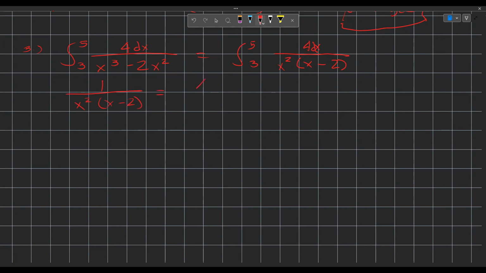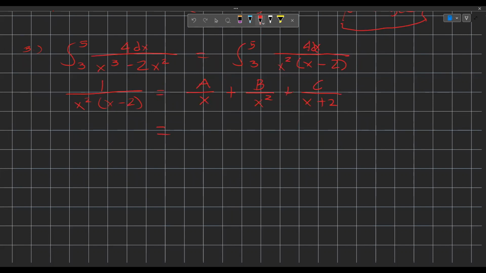We'll equate it to A over x. Let's write the repeating variables first. And B over x squared plus C over x minus 2.